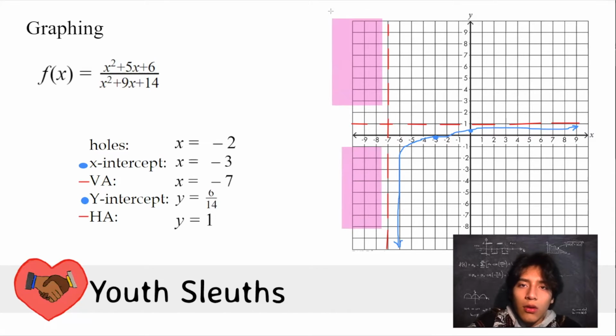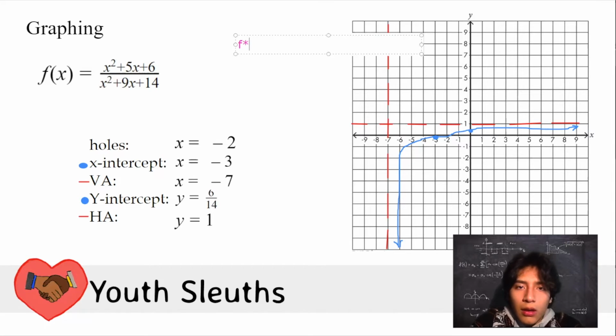To do that, we are going to plug in a point, and let's plug in -8 since it's past the asymptote. So f(-8) is just 5.